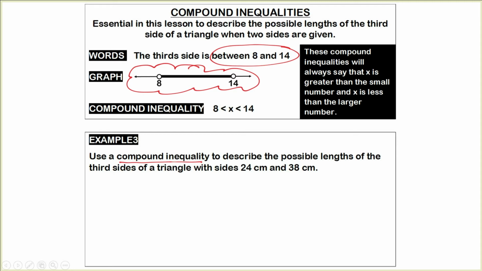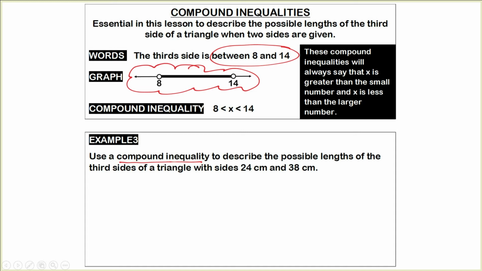We have an open dot above 14, which means 14 is not one of the possible side lengths. But in between 8 and 14, the whole number line is shaded in, which means any number greater than 8 and any number less than 14 will be a possible side length. And so the possible side lengths are between 8 and 14.